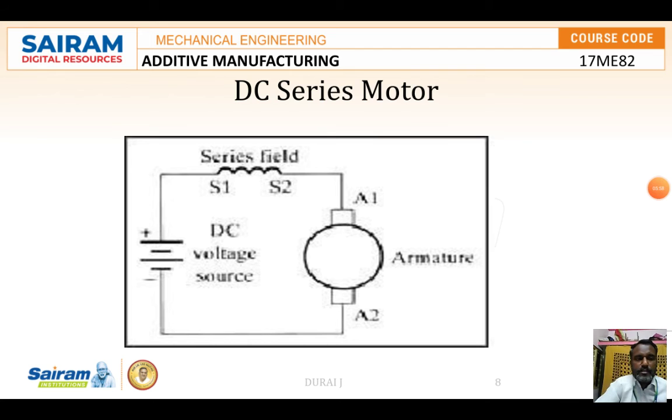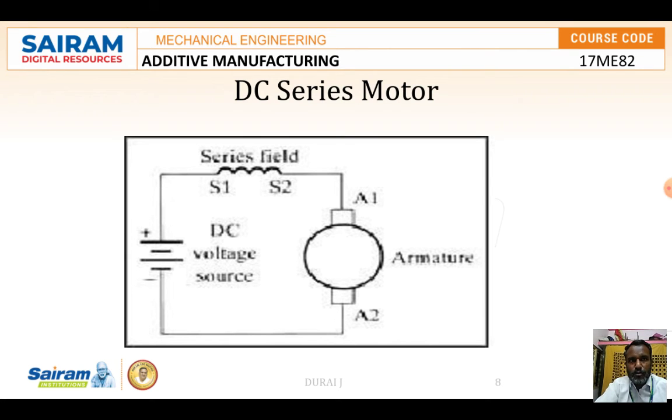Next, we are going to discuss the DC series motor. In the DC series motor, the armature and field windings are connected in series, so the armature and field currents are equal.